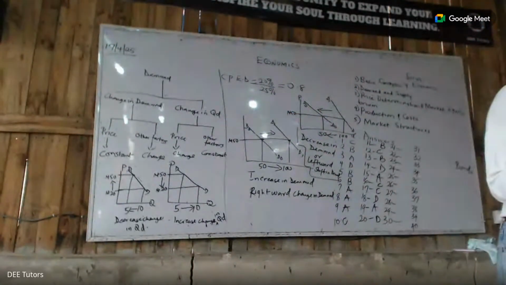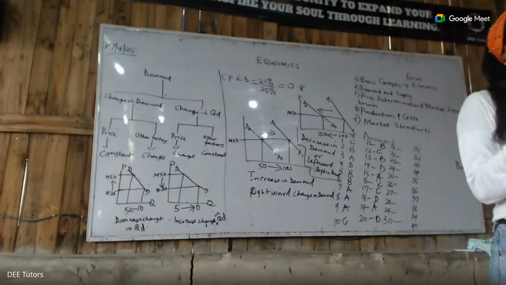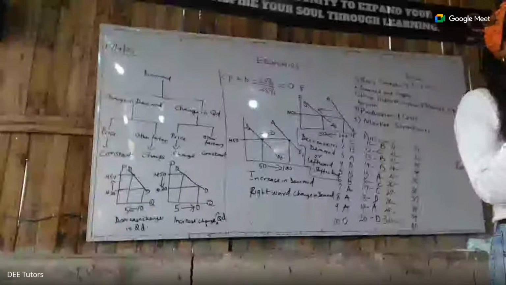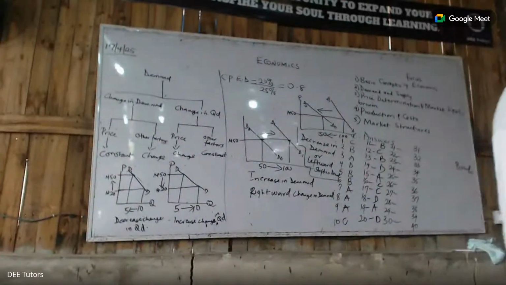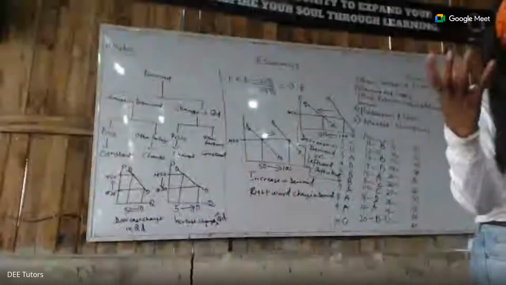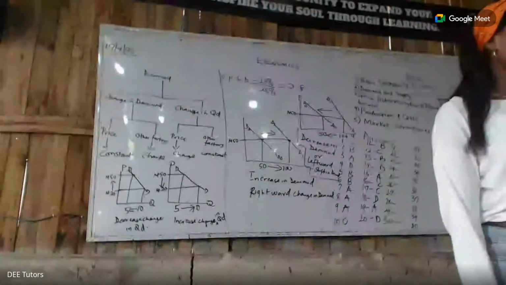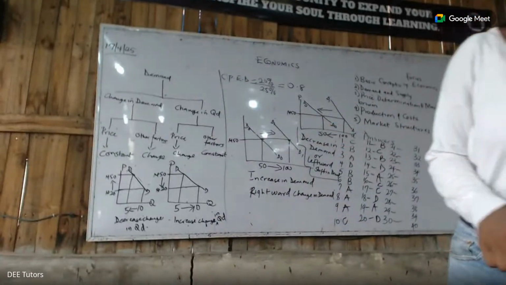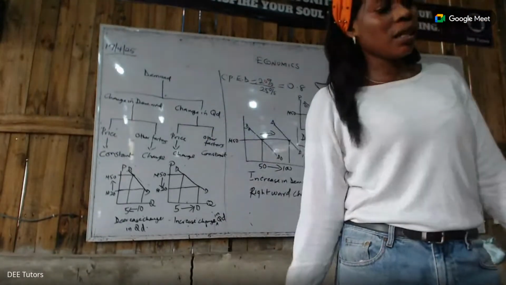The taste does not change, there is no period of festival, no change in price of other commodities. Only price will change, so as a result of the change in price, it will affect your quantity demanded.